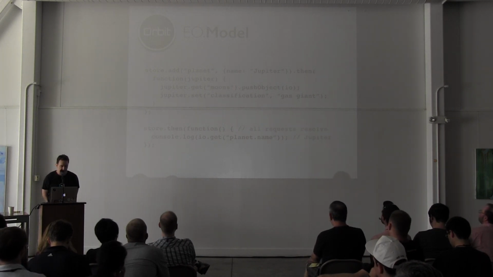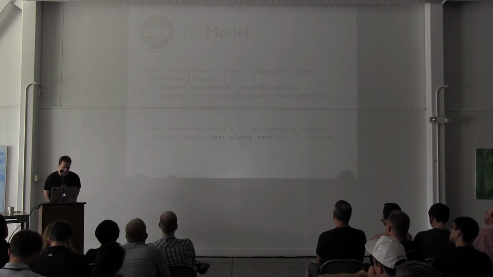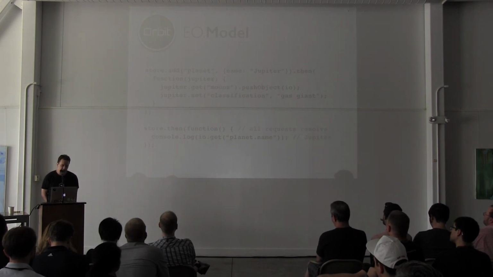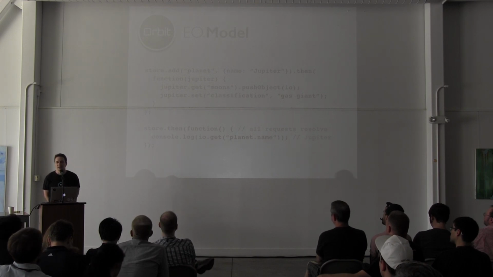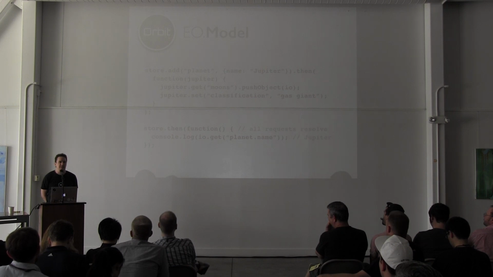And then this is an interesting aspect, store.then. Remember, all of the requests are asynchronous. And even though we have some synchronous methods to access properties and relationships, these are accessing what's currently in the store.